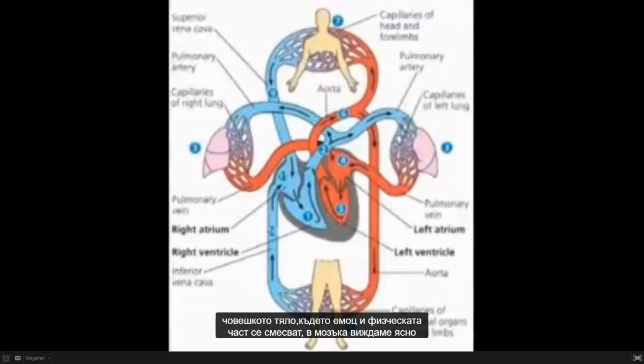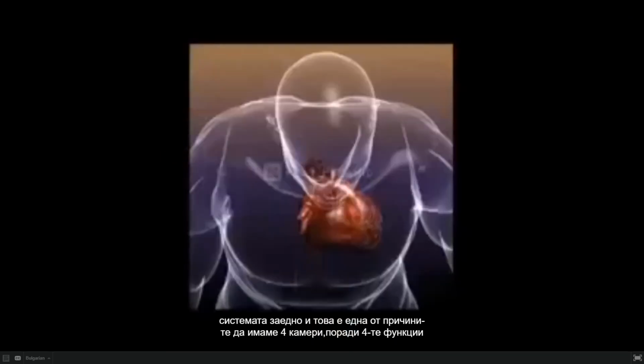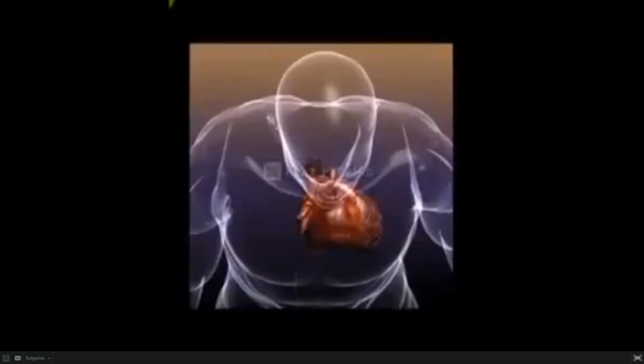In the brain we see a clear separation of the emotion from the physical part. In the heart, the two act and work together because they share the system together. And this is one of the reasons that we have the 4 chambers, because of the 4 functions they used to carry as 4 separate pumps. Now it's been adjusted and corrected in that way.